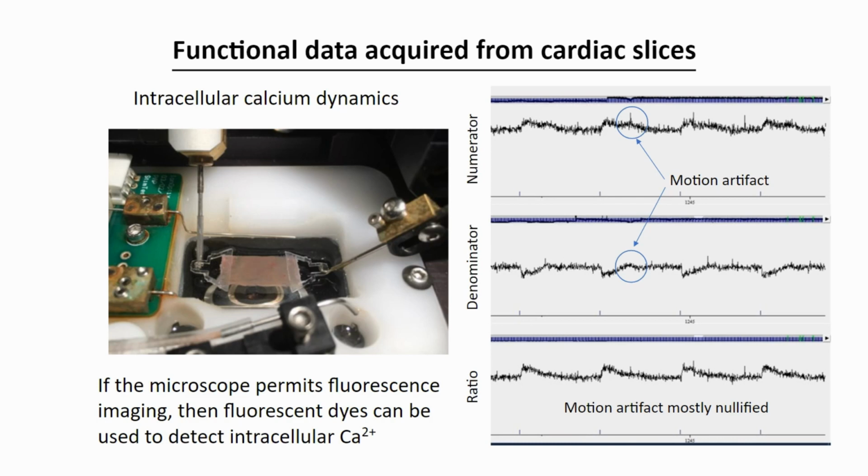In this example, both the numerator and denominator signals include motion artifact, which is highlighted in the circles. When the ratio is calculated, the motion artifact, which is similar in the two original signals, is mostly nullified. There's not a total elimination of the artifact, but the ratio is often clean enough that characteristics of the calcium transient can be quantified.